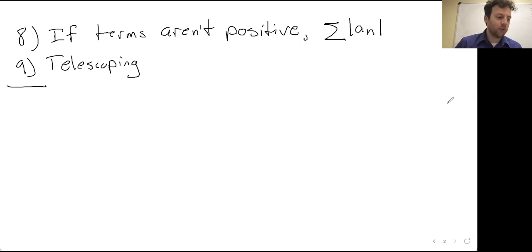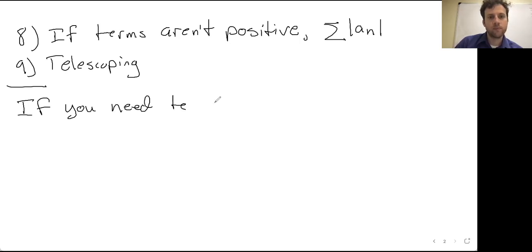And then one last thing before we get into actually trying out these series that I mentioned, I'll say, if you actually need to find the sum, there are really only two ways that we can do that.